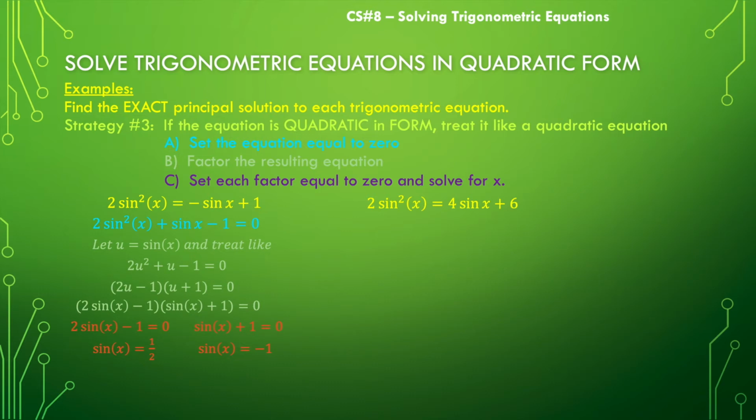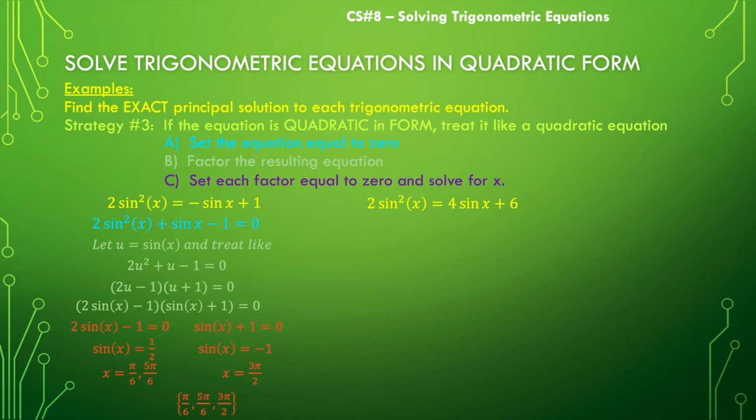Which angles on the unit circle have a y-coordinate of 1/2 and negative 1? That will be at pi over 6 and 5 pi over 6 for this first one, and 3 pi over 2 for the second one. All right, and so that will be my solution set. Pi over 6, 5 pi over 6, and 3 pi over 2.